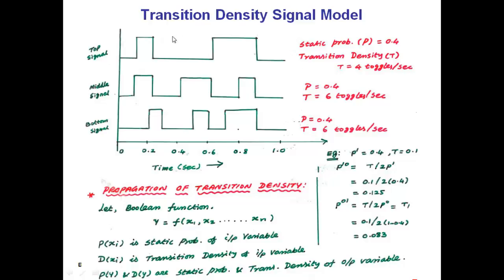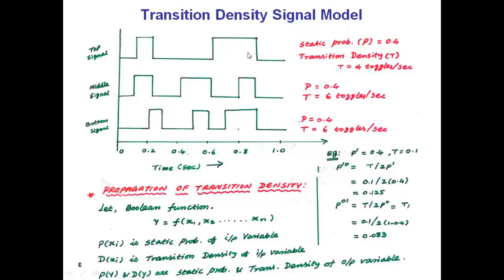It is actually the work by Najm, a major work, and a very considerable contribution to the study of the transition density signal model. He defines the transition density and the static probability, and how they can give the complete information about the signal, how we can efficiently characterize the logic signal.